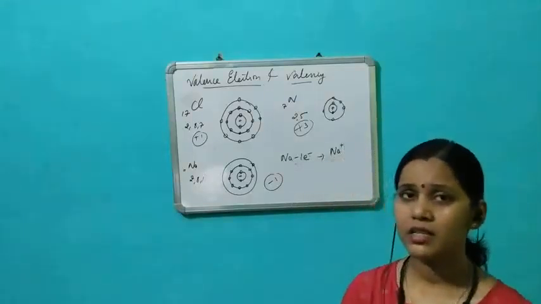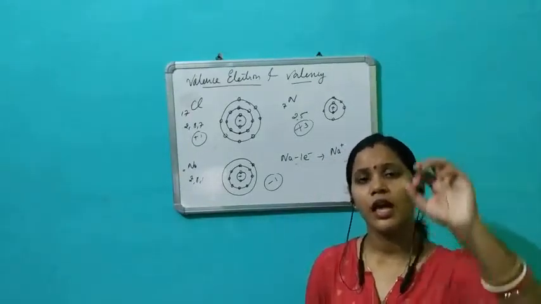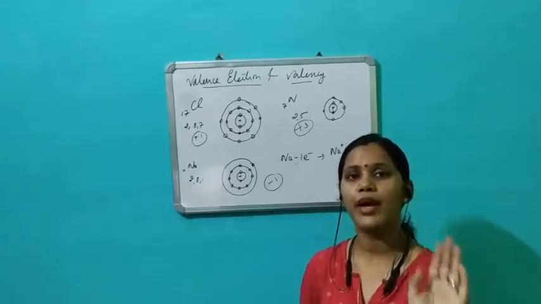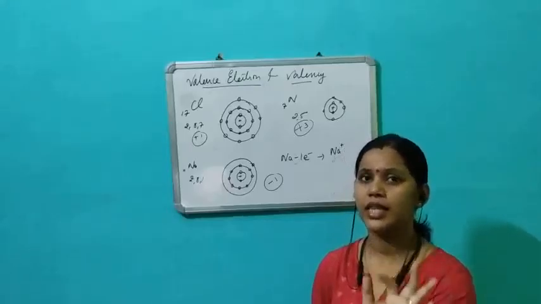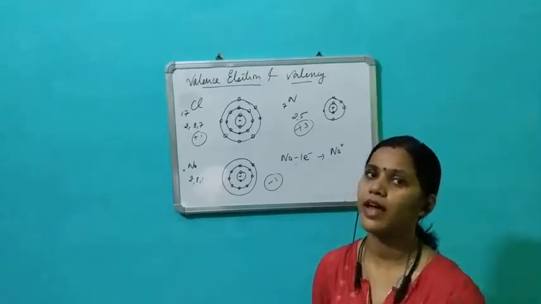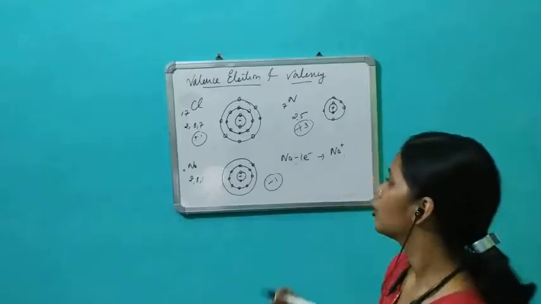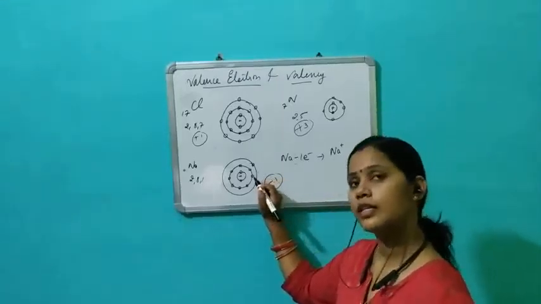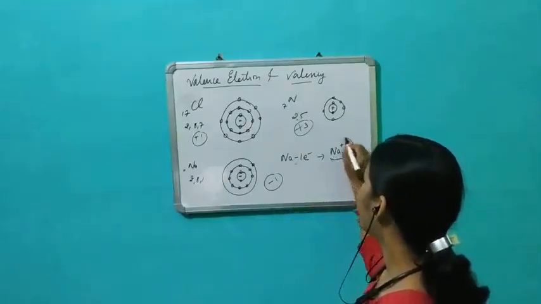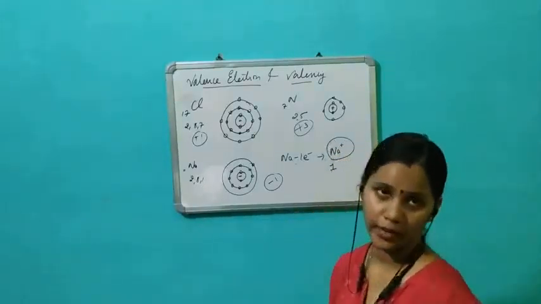Another simple way to understand this: if there are 1, 2 or 3 electrons present in the outermost shell, that also determines the valency of that particular element. So sodium has 1 electron in the outermost shell. It can lose 1 electron, and thus the valency of sodium is 1.